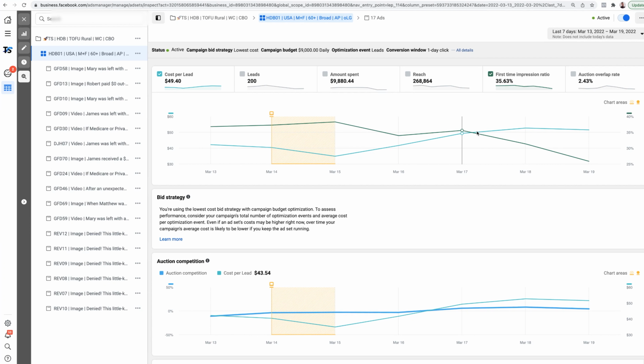Basically, that is the percentage of impressions on a day-to-day basis that are first time versus second, third, fourth, fifth. So we're noticing 34% on March 18th, 25% on March 19th. Let's actually show you this from another perspective right here.